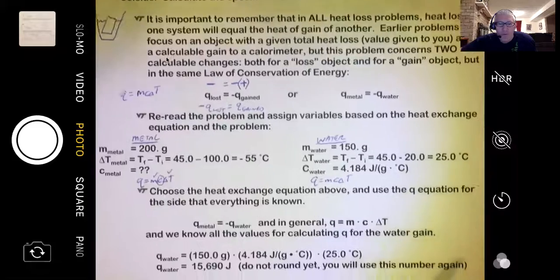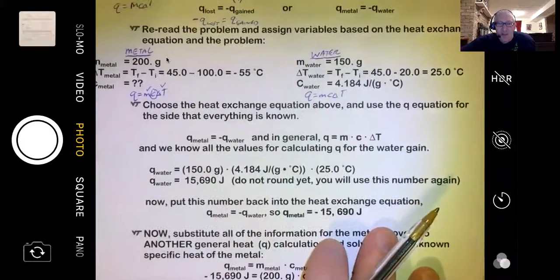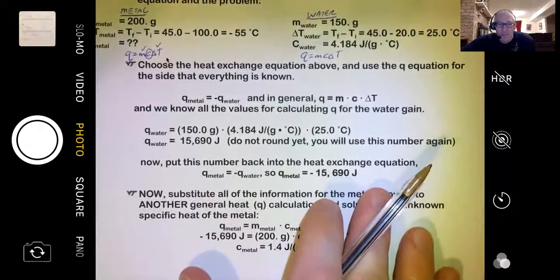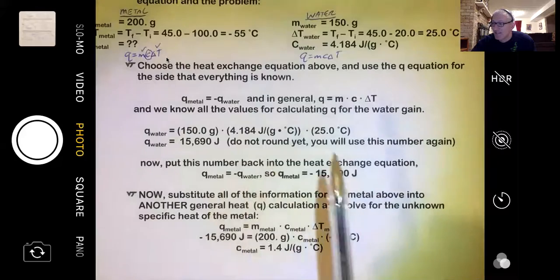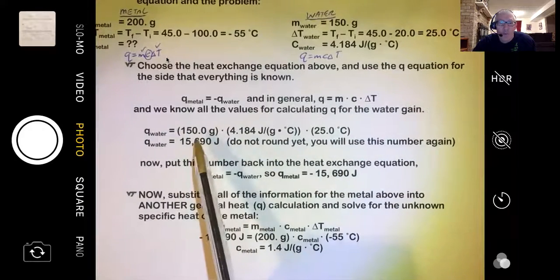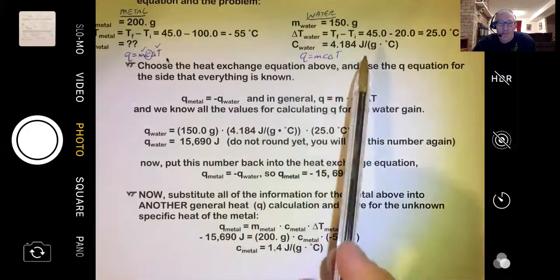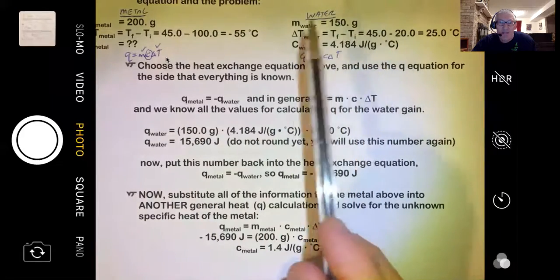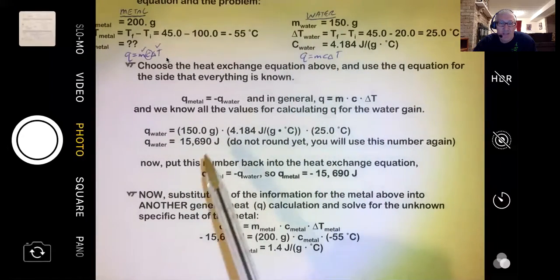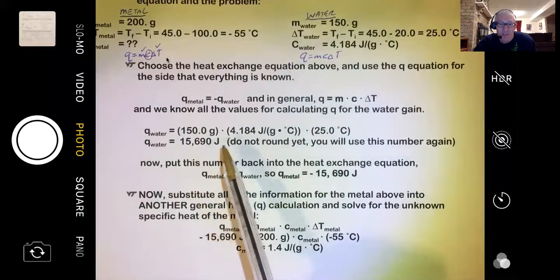So at this point, we come down here and we say, all right, plug in what we know. And what we know is lots and lots of stuff. So for the water, we can go ahead and figure out that the amount of heat, the amount of energy associated with that side of the equation, is this number.